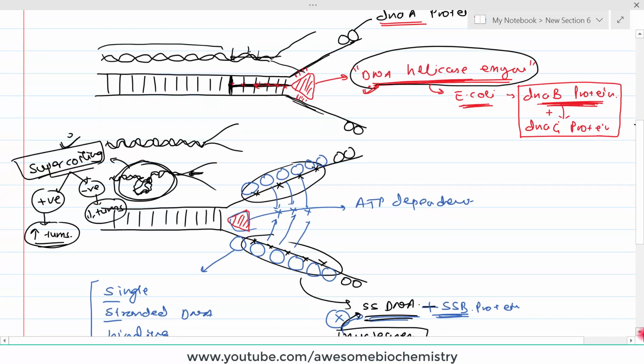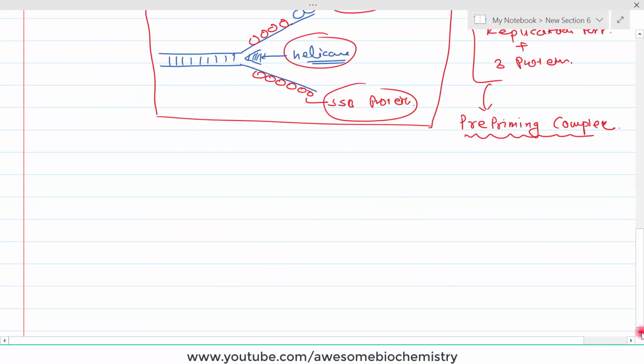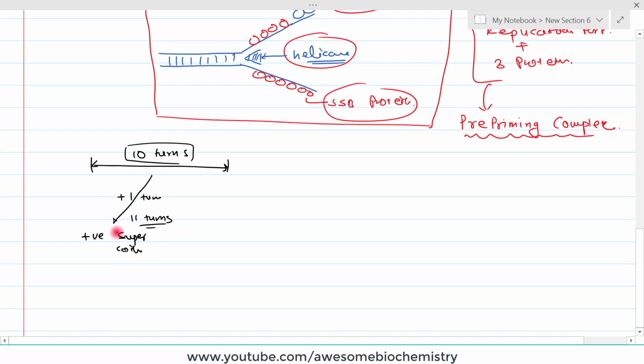For example, if a certain length ideally should contain 10 turns, but you add one more turn, so total turns are 11, then it is a positive supercoiling. But if you remove one turn, you will have 9 turns, and that product is known as a negative supercoiled product. I hope positive and negative supercoiling is clear to you.